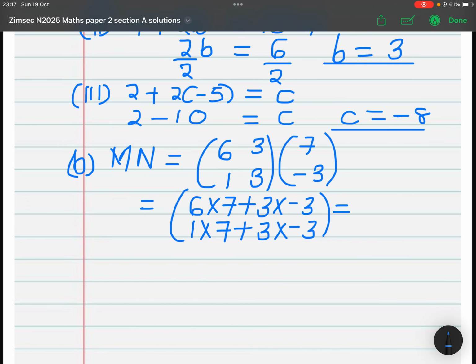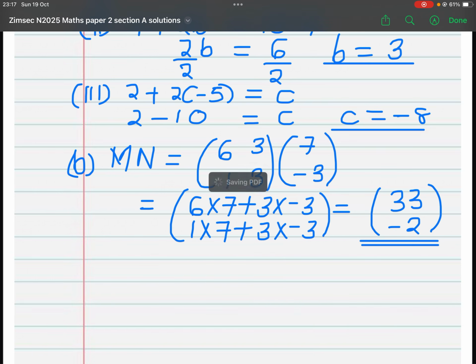And then 42 minus 9, we are going to get 33. 1 times 7, 7. 7 minus 9, we get minus 2. So our answer is going to be 33, minus 2. Right?